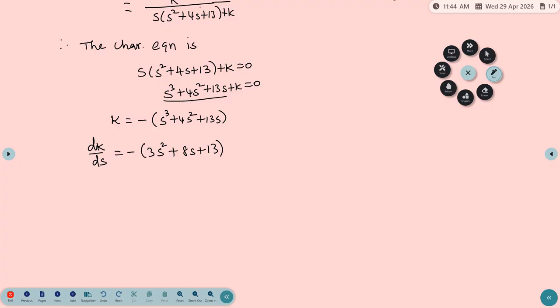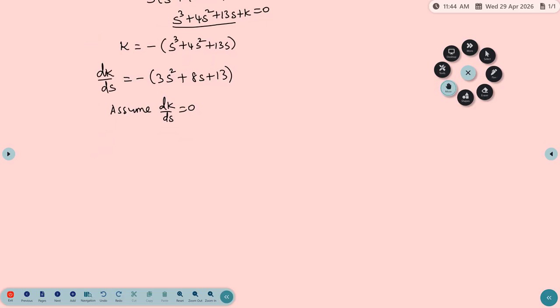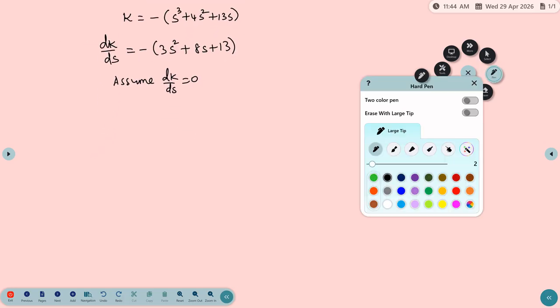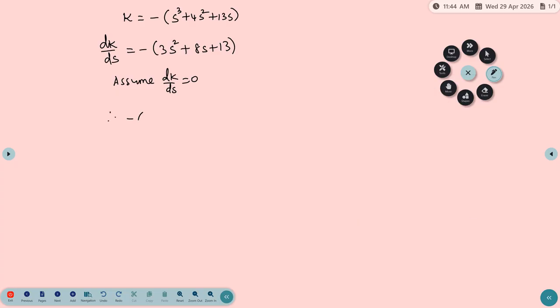Then we should assume dk by ds equal to 0. That means we can write this expression as, therefore, minus of 3s square plus 8s plus 13 equal to 0.